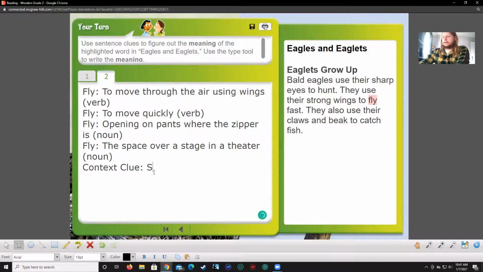In your accountability notebook or your Seesaw notebook, whichever one you want to use is fine, go ahead and tell me which definition of fly you think it is. I gave you the context clue of strong wings, and it's also being used as a verb. So the eagle is flying.